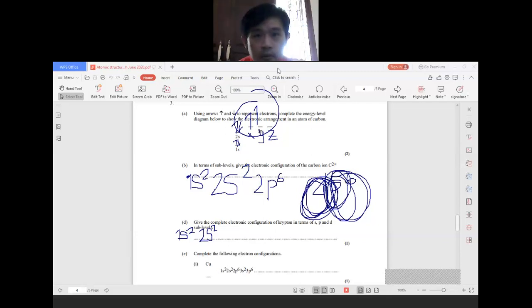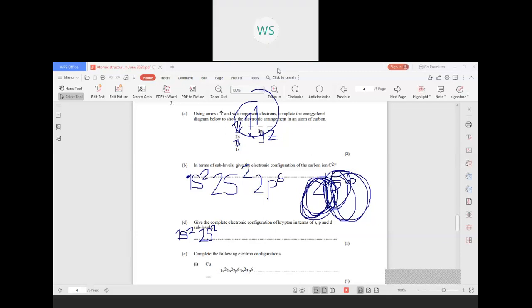If it ends with s, this element must belong to a metal, group 1 and group 2. If it ends with d, it must be a transition metal group.